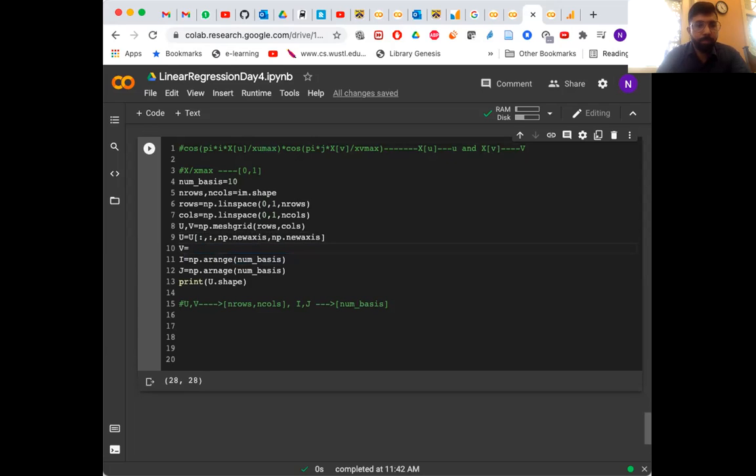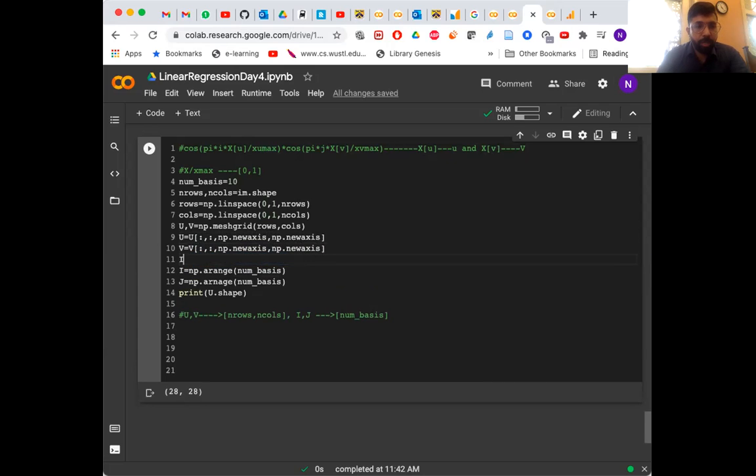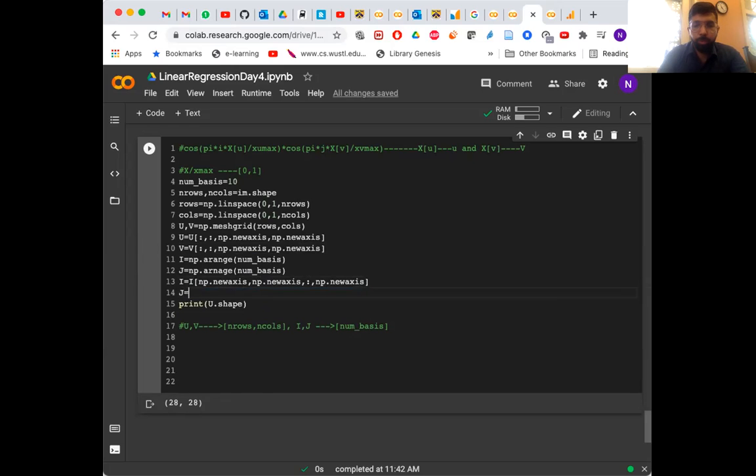Same for V. Okay, and for i and j, we would have something like i is equal to i with np.newaxis, np.newaxis, comma this, comma np.newaxis, and j would be j with np.newaxis, np.newaxis, and this.